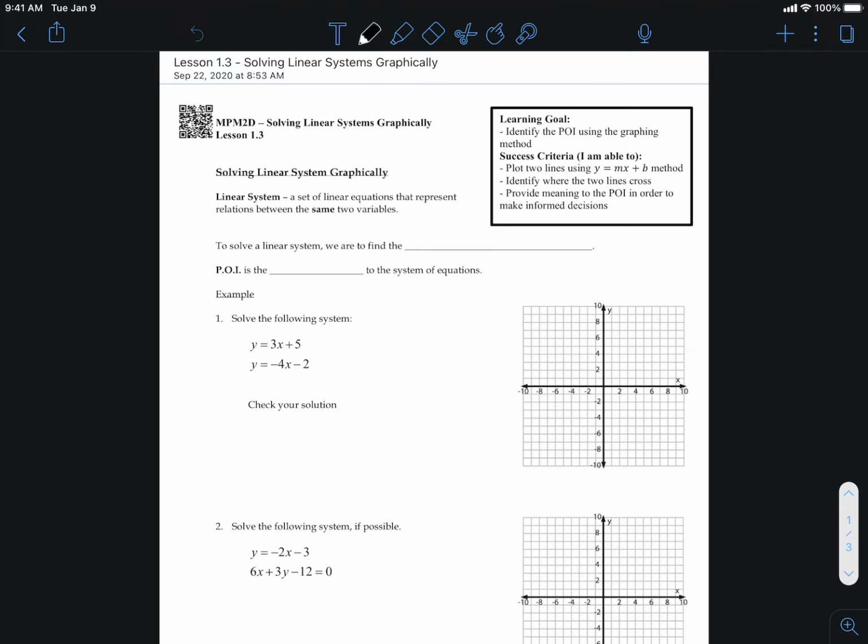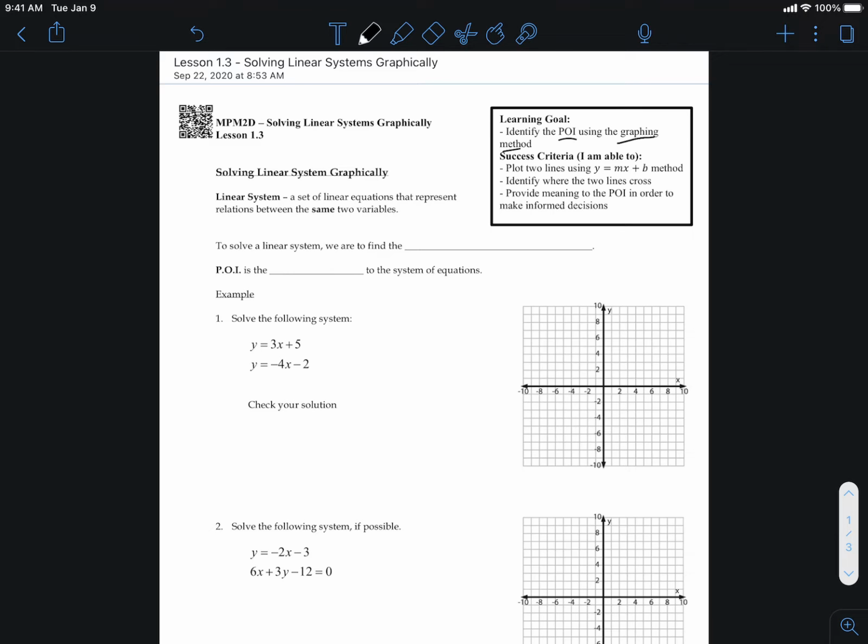So with this, we have this thing called the POI, the point of intersection. That's where two lines cross each other. That's a very unique point, and it's very special, and it answers some questions for us. But we're going to use the graphing method.